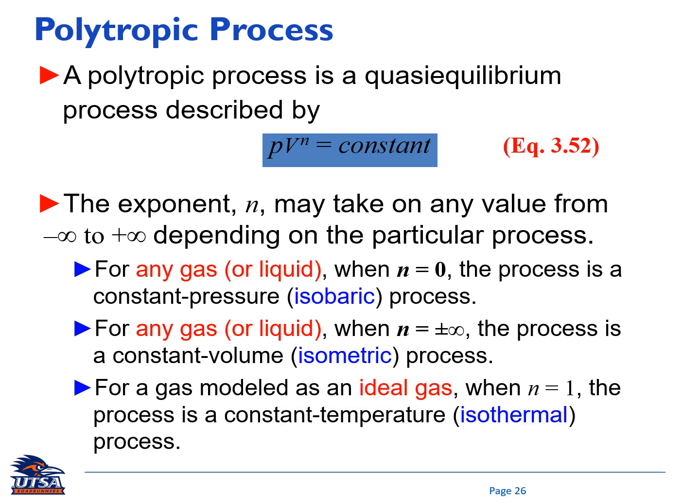For ideal gas, when n equals 1, we have P times V equal to constant. The process is a constant temperature process, or isothermal process.